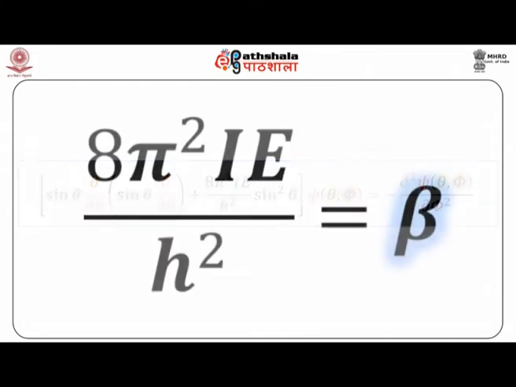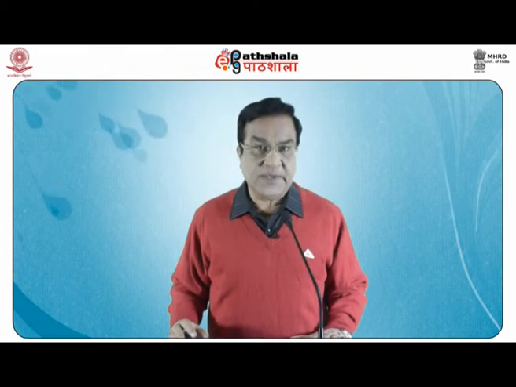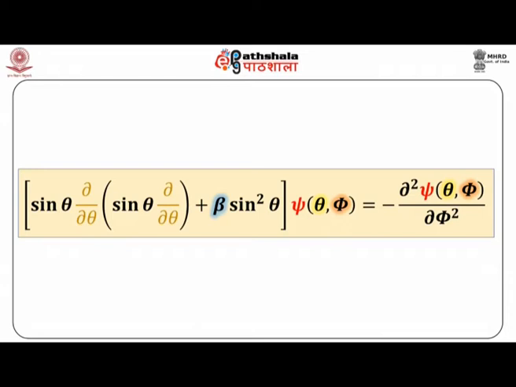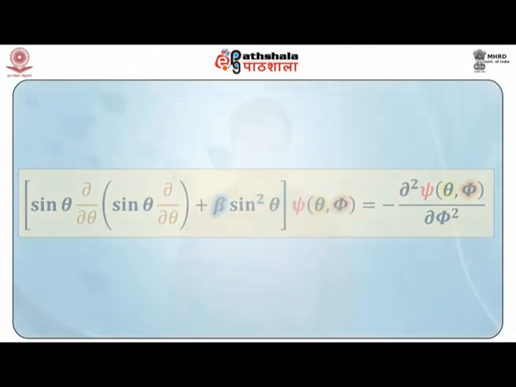Here we are making a substitution, 8 pi square I E upon h square is equal to beta. And once we make this substitution, the equation reduces to the following: sin theta del by del theta, sin theta del by del theta, plus beta sin square theta, psi(theta, phi) is equal to minus del square psi(theta, phi) upon del phi square.